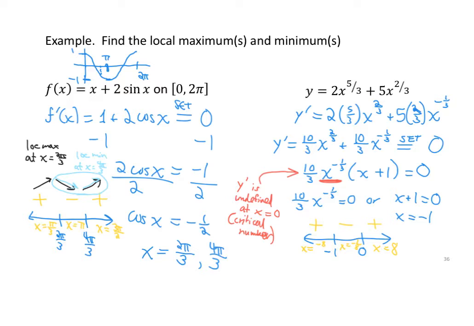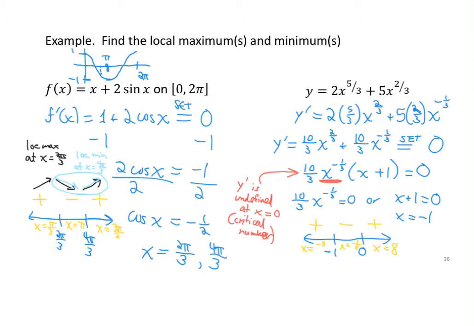So try those, see what happens. Again, you should get positive, negative, positive. So it's going to be the same as the previous example. We're going to have a local max at negative 1 and a local min at 0. Remember, this local min is going to look like a corner or a cusp because that's where the derivative is undefined.